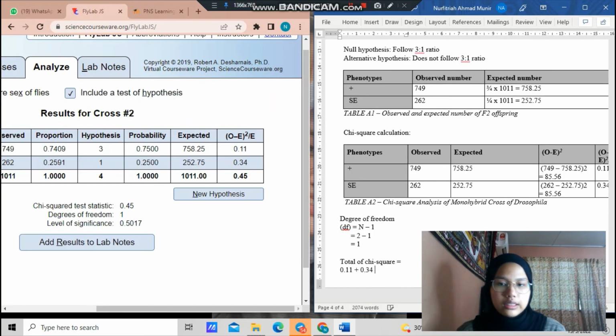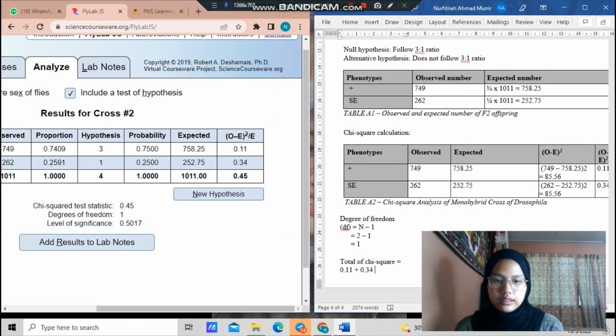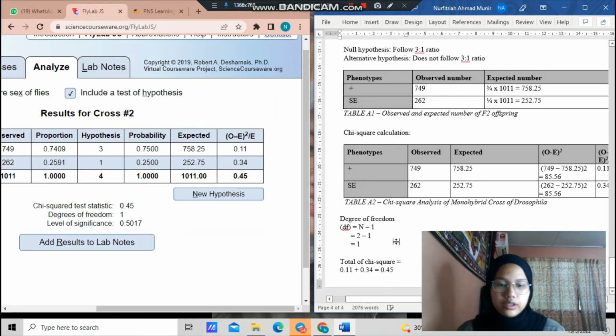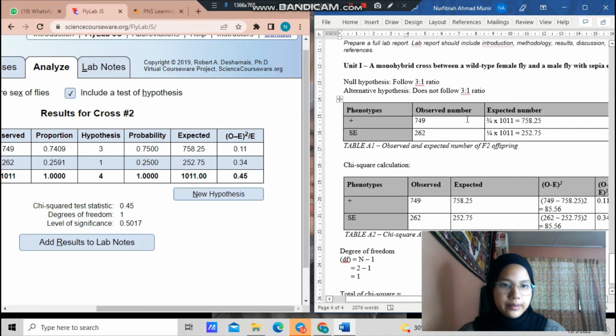So the total is 0.11 plus 0.34 is 0.45. So this is the total of chi-square in this lab simulation of male and female flies.